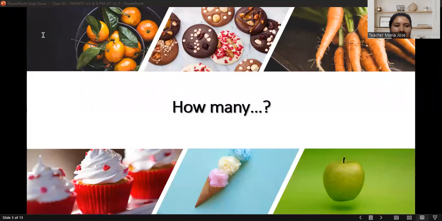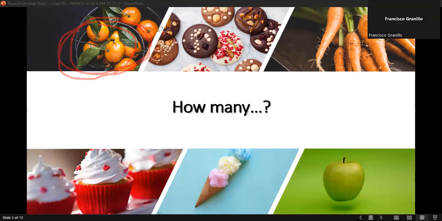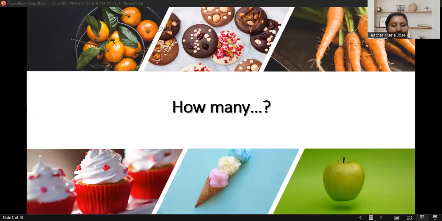So in the picture number 1, what do you think these are? What is the vocabulary? What is the picture number 1? The oranges? No, tomatoes. Similar to oranges, but not oranges.